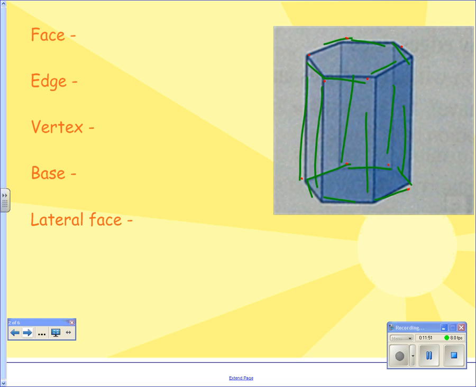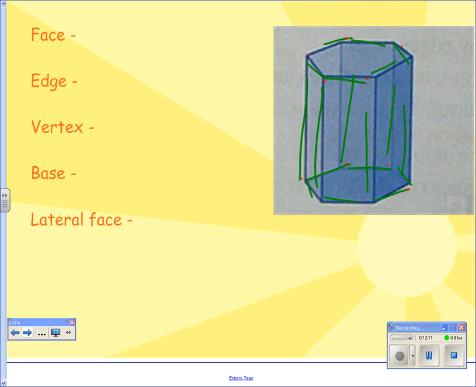No, faces of the figure, sorry. So how many faces do we have? 2. And where are they? The top and the bottom.